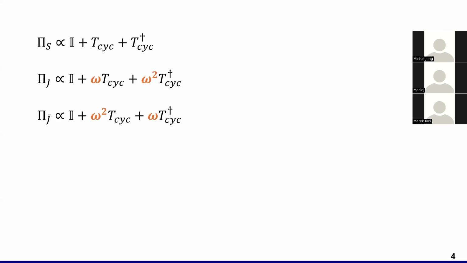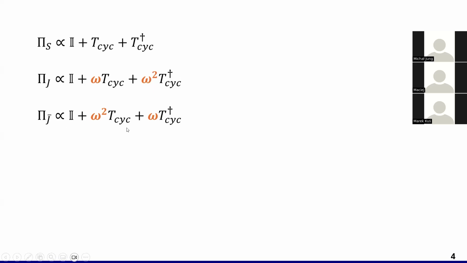And then for the first chiral subspace, we can have the same operators, but with different coefficients. So we have the identity plus this phase omega, the cyclic translation plus omega square anticyclic translation.